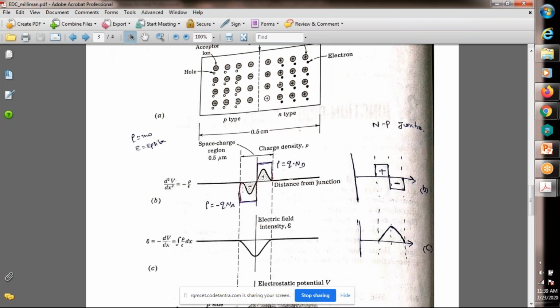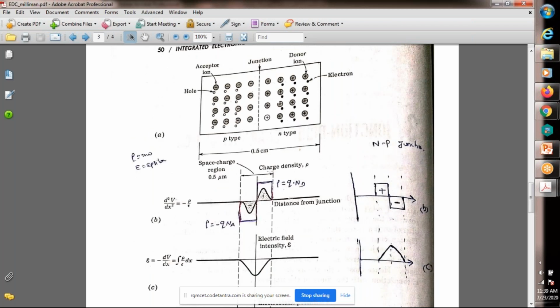Remember this. But for our analysis we consider that it is not exactly sinusoidal in shape here. We can take some area, like a square wave type, and this charge is equal to q times Nd. Here this charge is equal to q times Na.